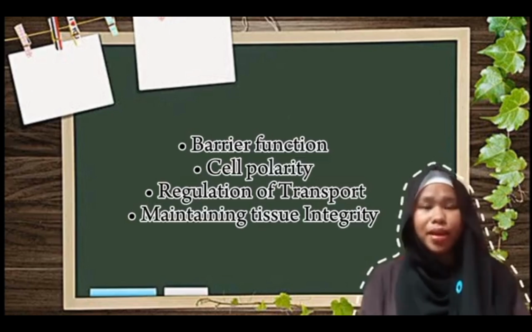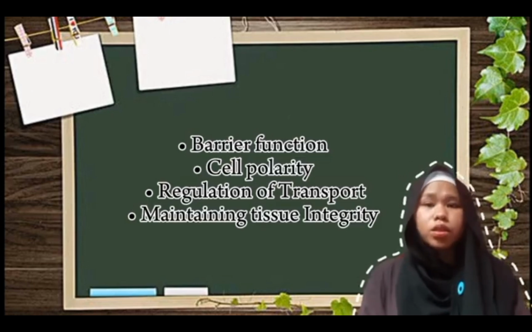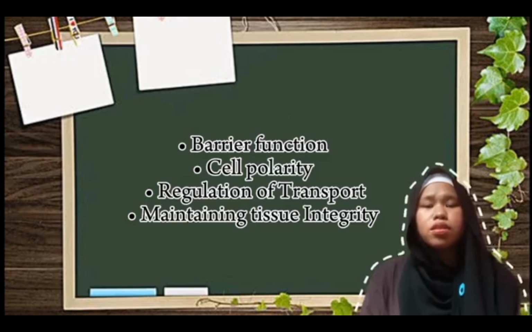Last but not least, maintaining tissue integrity. Tight junctions help keep tissue strong and intact. They act like glue, holding cells together, preventing them from separating. This is important for maintaining the structure and function of the organs.